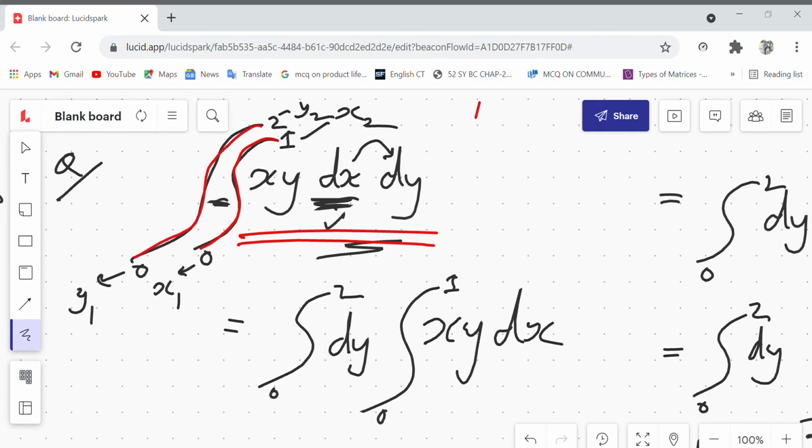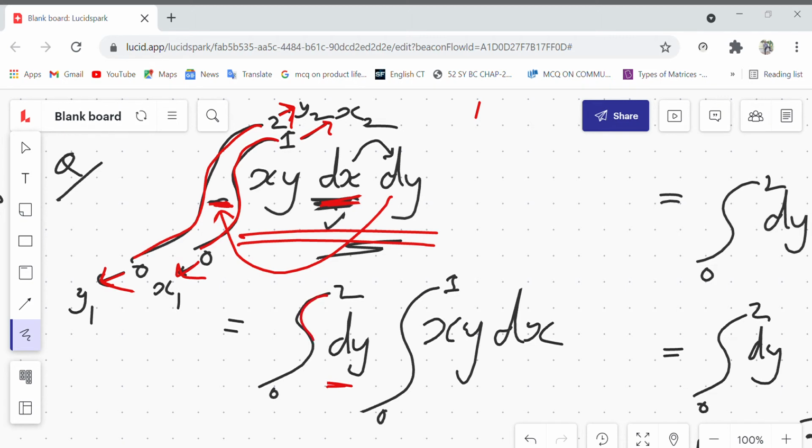We considered this as x1. I told you the trick. As first dx is there, consider this as x1, then consider this as x2, remaining this as y1, this as y2. So I also told you what we have to put here. It is empty. So as here it is y, here it is y. So dy will go here. And as promised, dy is here.